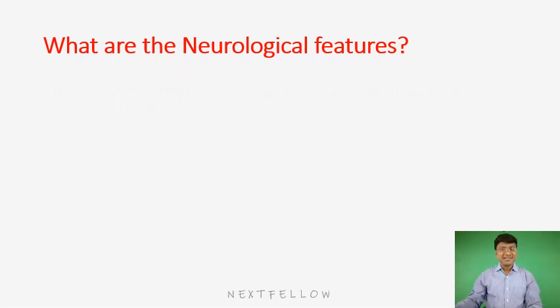Next, what are the neurological features in patients with acromegaly? So most of the etiologies causing acromegaly are nothing but pituitary macroadenoma. The size of the pituitary macroadenoma is more than 10 mm in diameter, that is more than 1 centimeter.